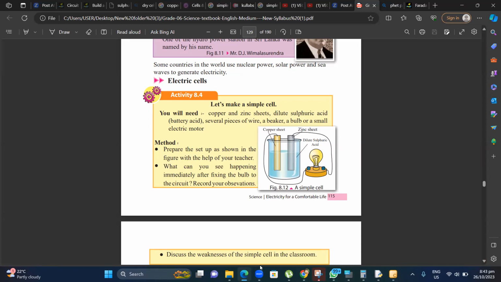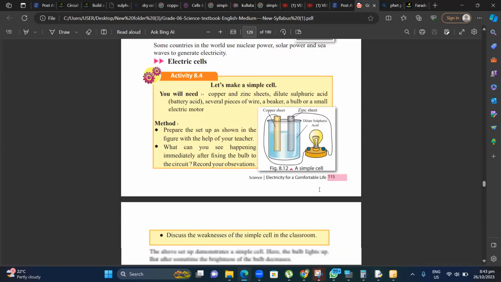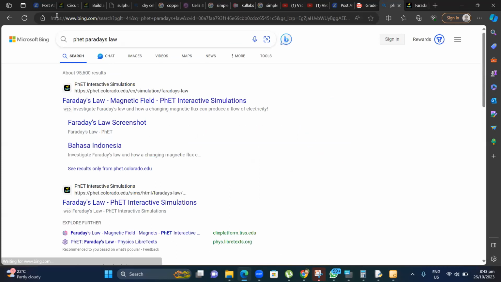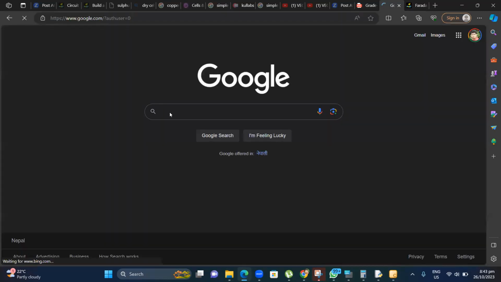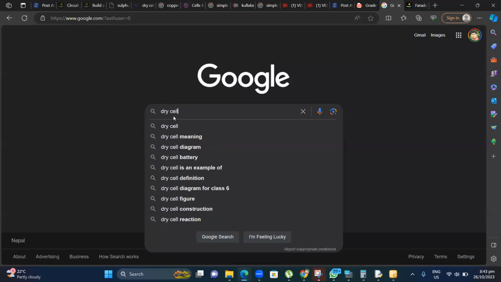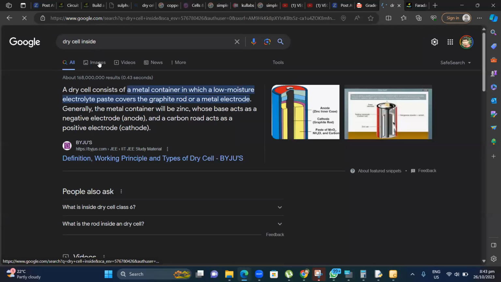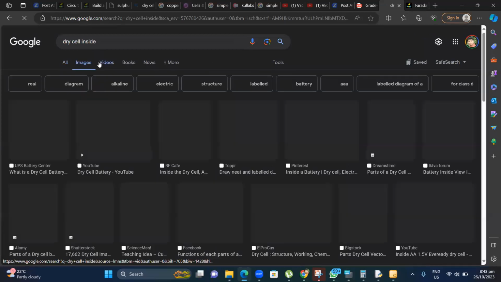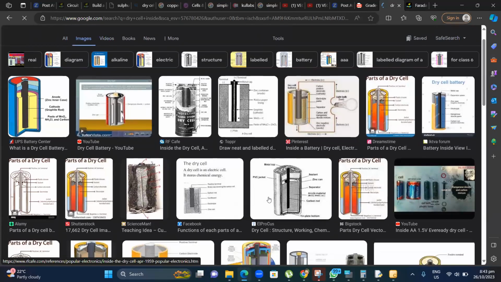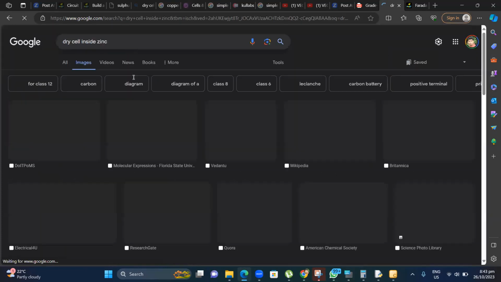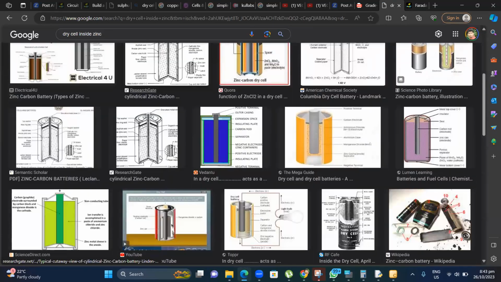But if zinc sheets are not there, you can just find zinc in dry cells. This chemical dry cells, you can find zinc. How? Just go there. If you take a dry cell inside, you will see this zinc layer. So let's put zinc also, because a dry cell inside, you can see zinc like this.